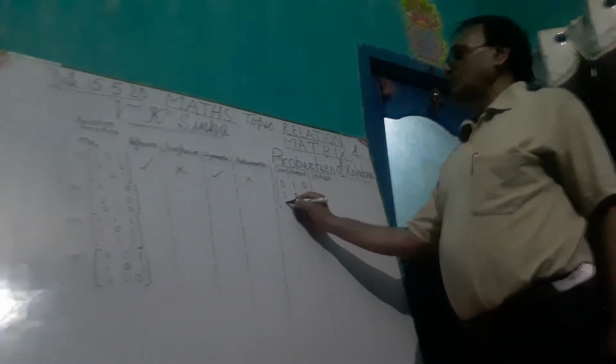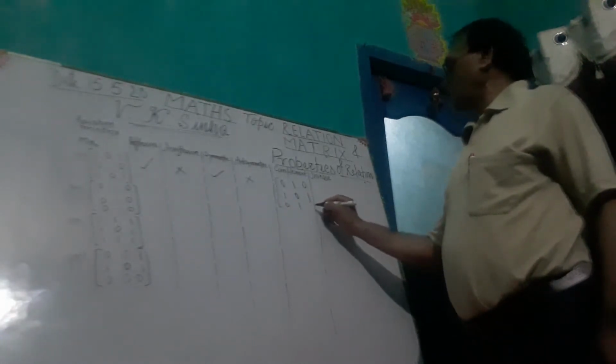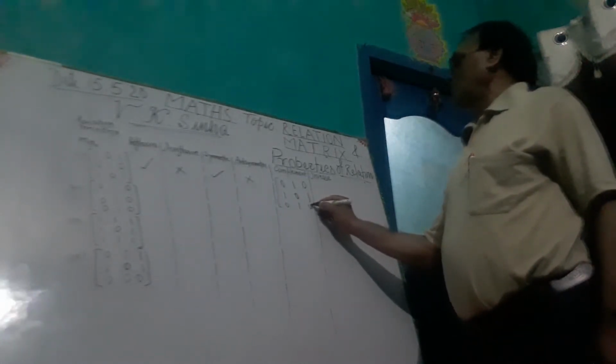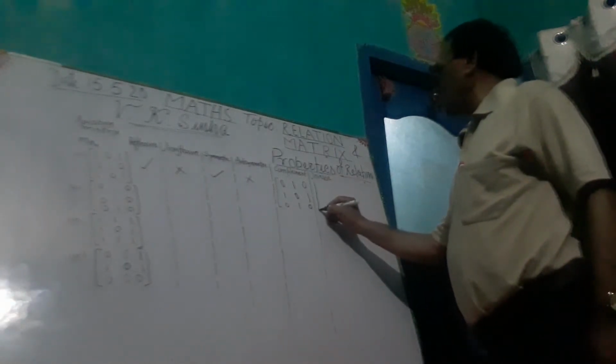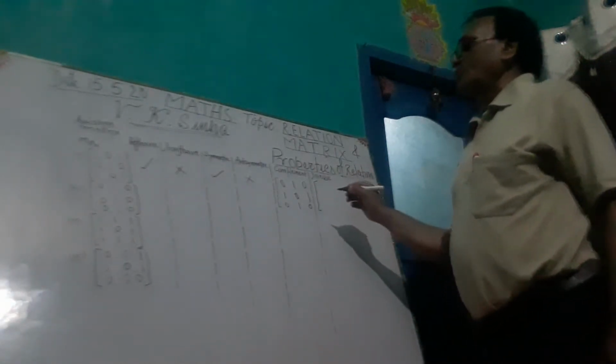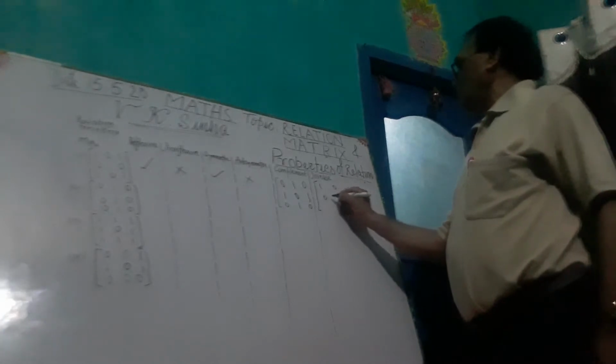And here 0 for 1, 1 for 0, and 0 for 1. The inverse of the matrix is the transpose of the given matrix. Since this is symmetric, the inverse of the matrix is the same as the given matrix: 0 1 0 1 0 1.